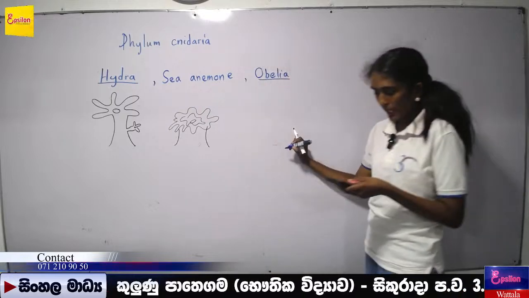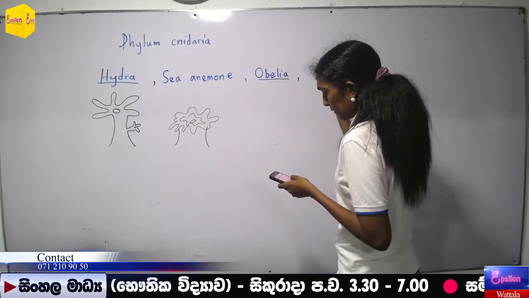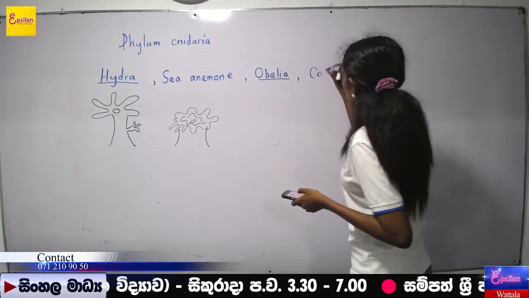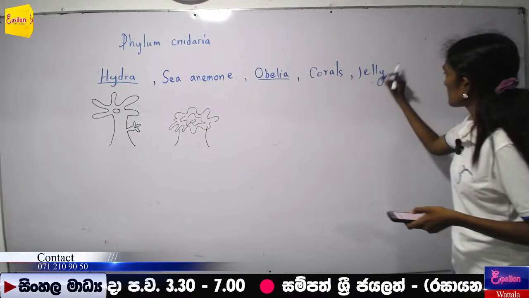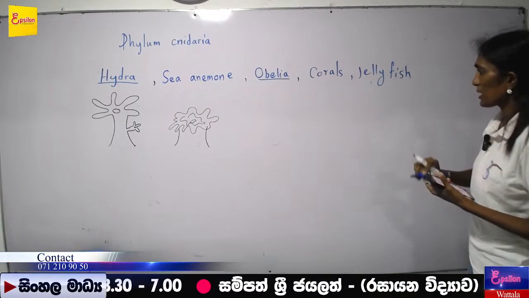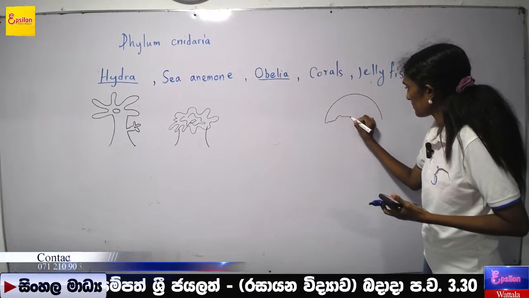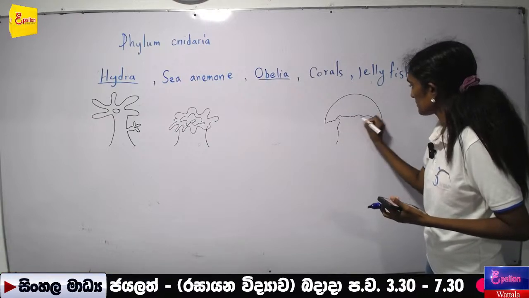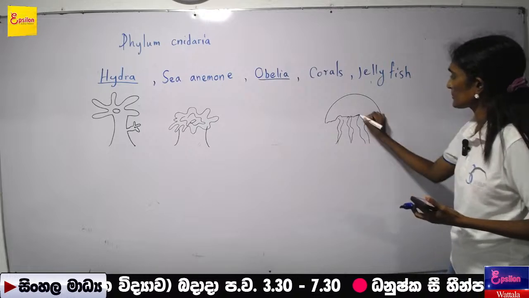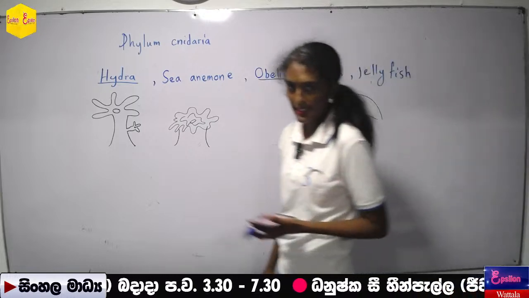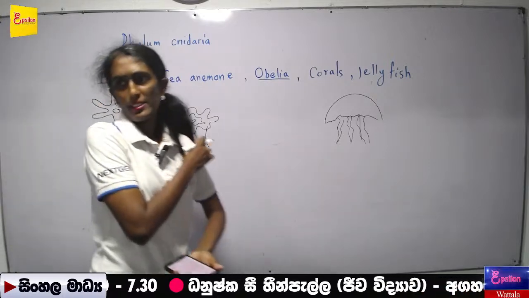Obelia is also a kind of jellyfish, okay? So having a similar shape like jellyfish and corals. Jellyfish is having a body like this. Umbrella-shaped body is there, no? Isn't it? Have you seen jellyfish? I think you have seen that one. Hydra, haven't seen, no?